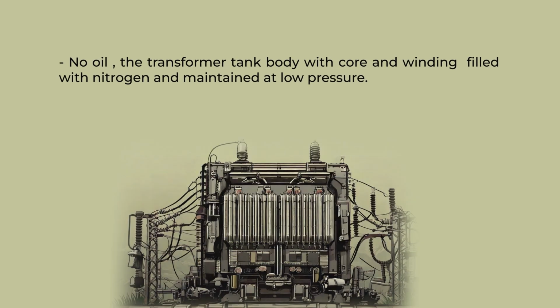The remaining portion of the tank body along with the conservator would be filled with nitrogen so as to prevent oxidation of the oil. Third, no oil: the transformer tank body with core and winding is filled with nitrogen and maintained at low pressure, normally 5 psi. The nitrogen in the tank body is maintained so that the tank body does not come into direct contact with the air.